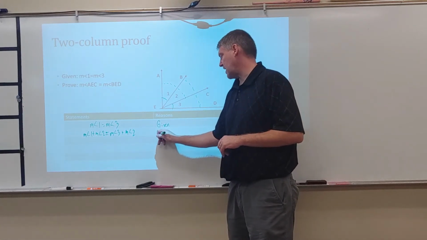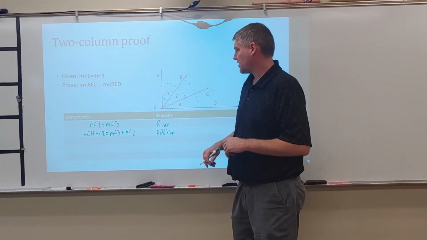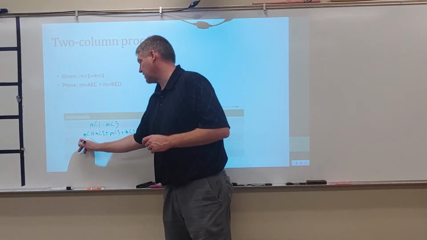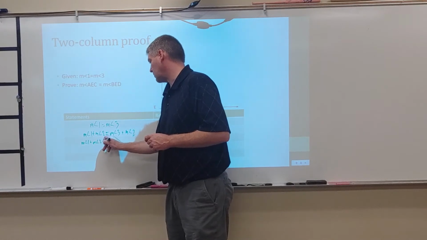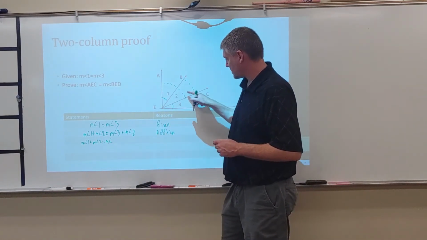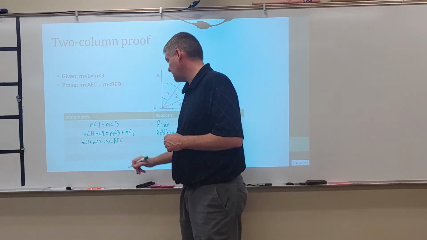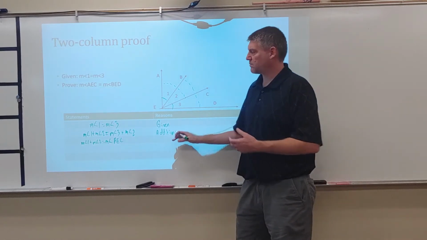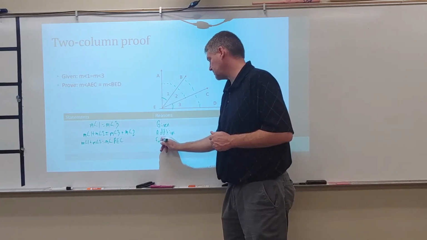And right here, I just have addition. Right? Now what I'm going to do is I'm going to state measure angle 1 plus measure angle 2 equals the measure of angle, well, here's 1 and 2, AEC. And really, this probably should have been up here in the given, but we're going to say from the diagram.